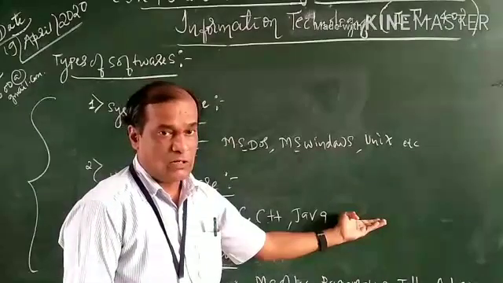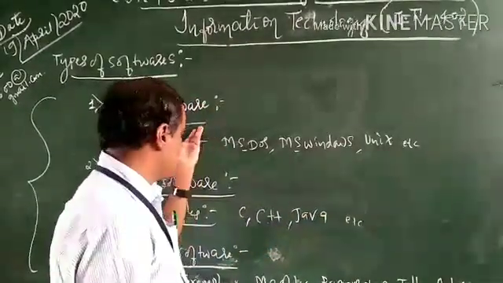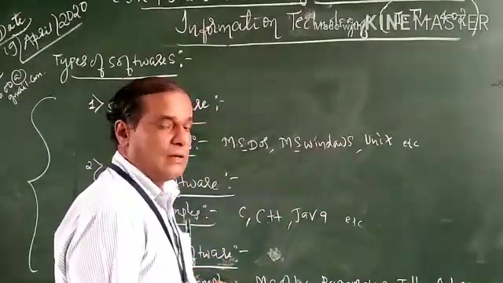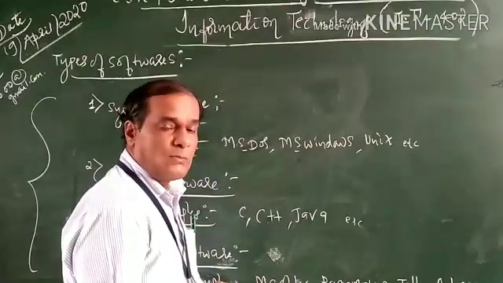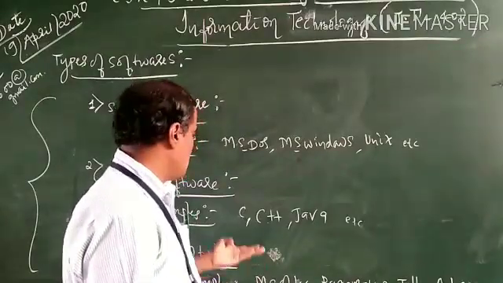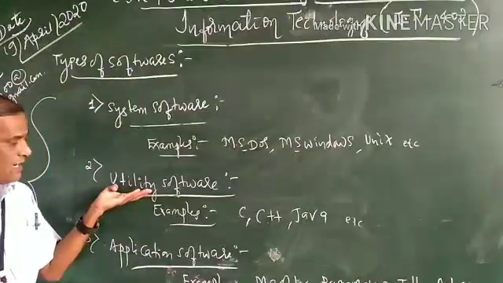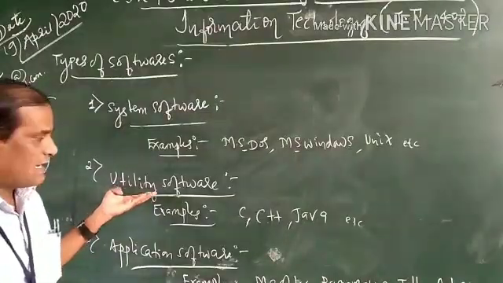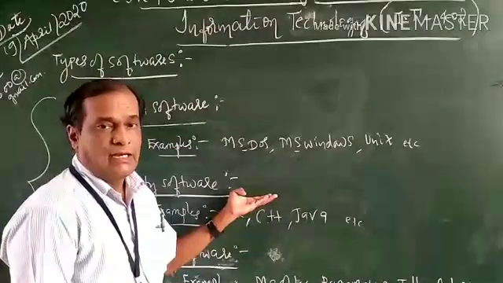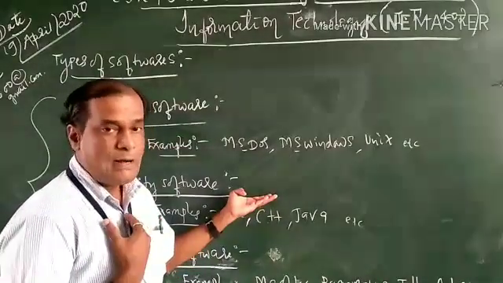I am going to write the program, or the modules or the projects, not in system software and not in application software, but in utility software. So utility software is defined as the second type of software, which is mainly used to write and execute our own programs.